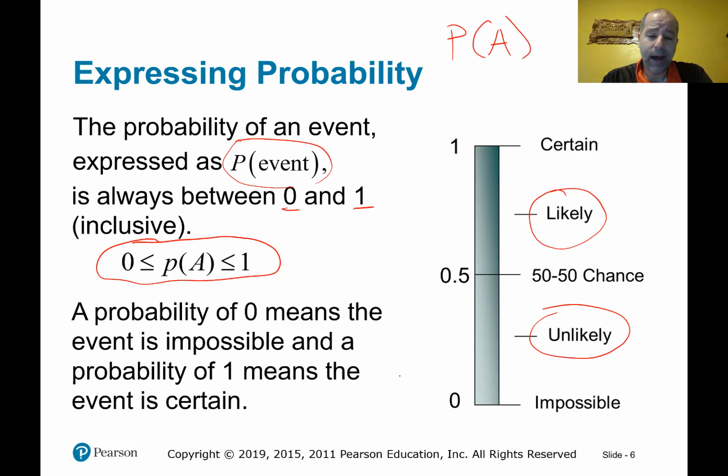If it is 0.5, that's a 50-50 chance, a probability of a half. Again, this is a general rule for probability. Much of this will change depending on expert opinion in the industry that we're dealing with.